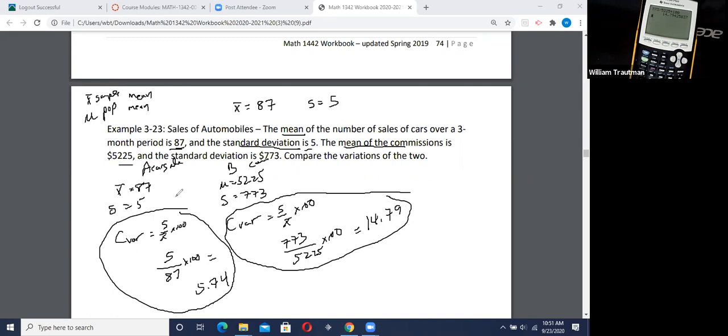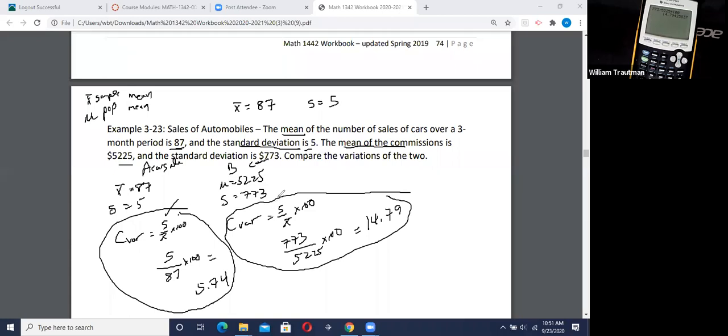In this problem, we really don't do anything to explain the coefficient of variation much. This is more of a math thing where you have to be able to just plug something into the formula. But once again, the coefficient of variation is to compare two different types of standard deviations or variations.